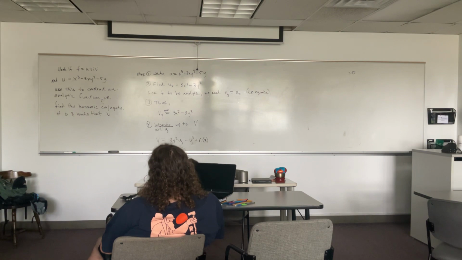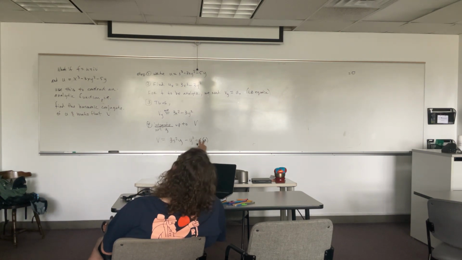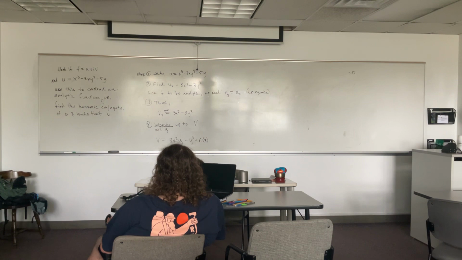Because if I differentiate this with respect to y, that would disappear, and I would still have that, so I want the most general constant of integration. Do you remember this from exact equations?